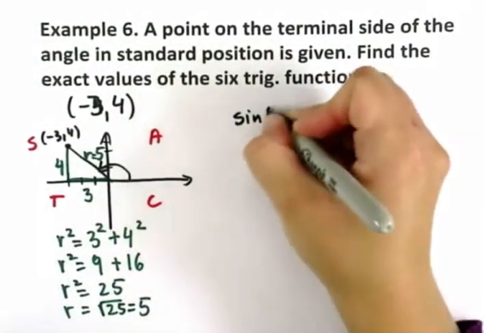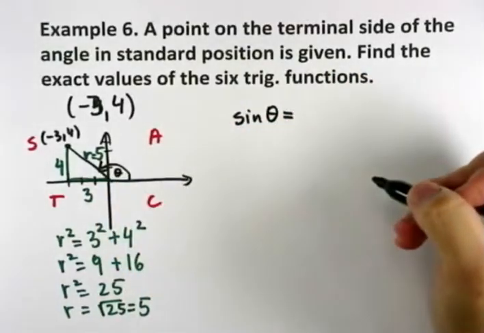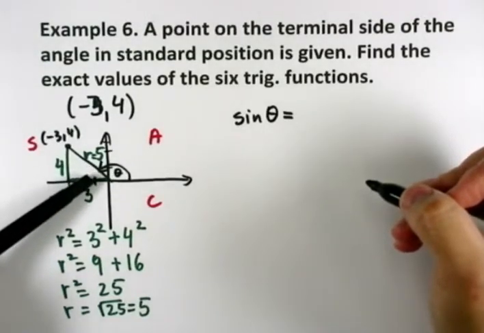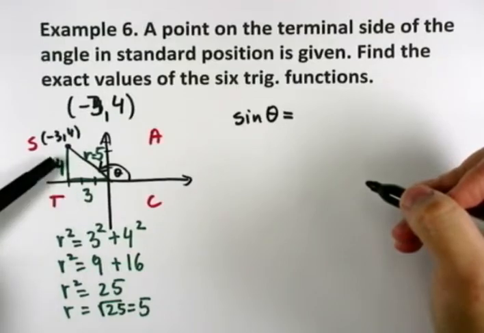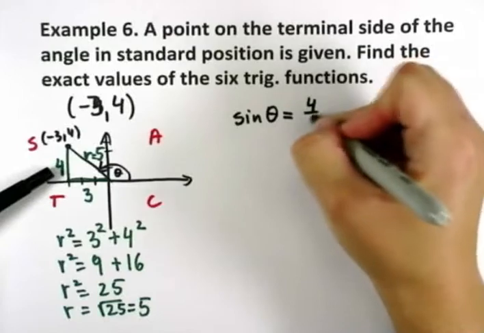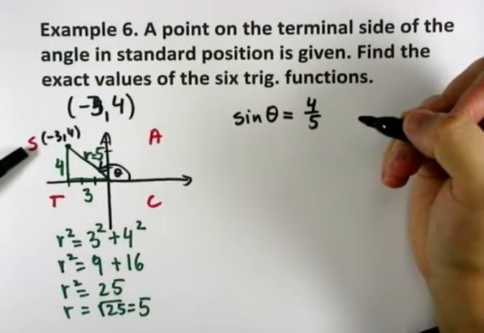Sine theta, my theta would be the general angle. Sine theta is equivalent to the reference angle. Here's my reference angle, and in this reference angle it would be opposite over hypotenuse. So this one is 4 over 5. And then we are in the second quadrant, sine is positive, so that's it.